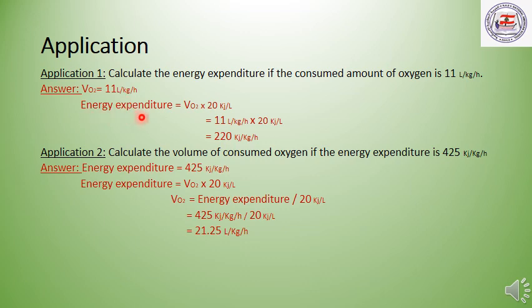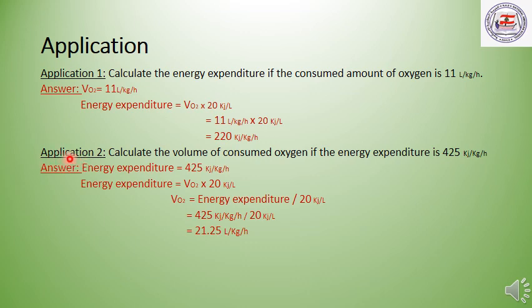The formula is energy expenditure equals volume of O2 multiplied by the thermal coefficient, which is 20 kilojoules per liter, equals 11 times 20, which is equal to 220 kilojoules per kilogram per hour.